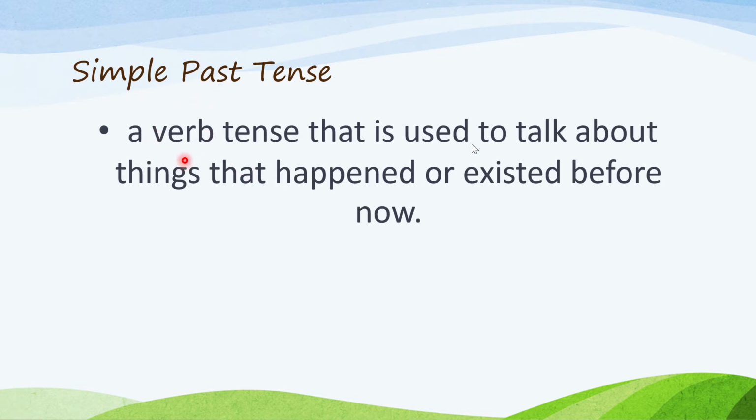Simple past tense adalah kata kerja yang digunakan untuk berbincang mengenai perkara yang telah berlaku ataupun yang wujud sebelum sekarang. Wujud sebelum sekarang maksud dia masa yang lalu, masa lepas. Ya, masa lepas maksud dia adalah past tense, ya. Past. Next.